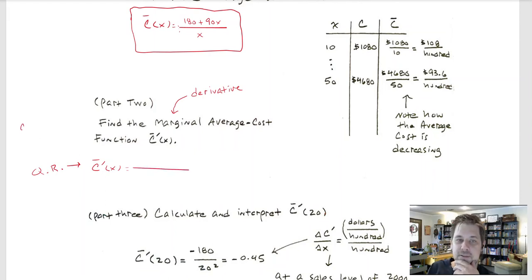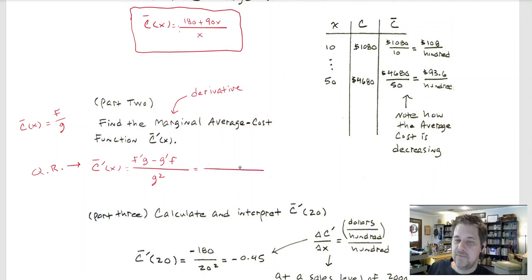If our function c bar of x is one function, we'll call it f, over another function g, then the quotient rule says our derivative is f prime g minus g prime f over g squared. Okay, so there is our quotient rule.